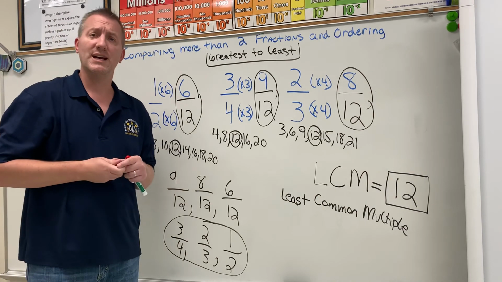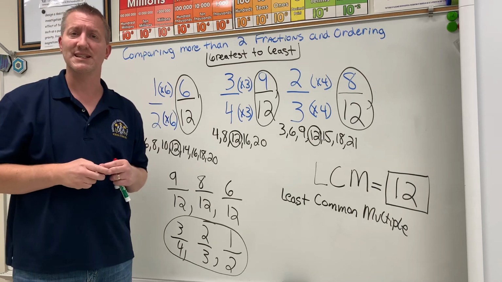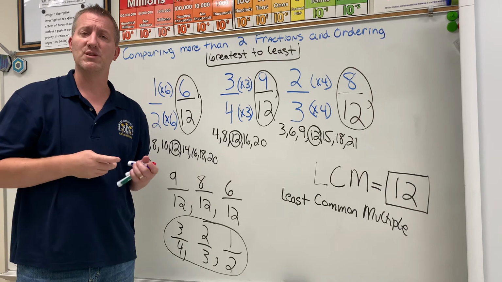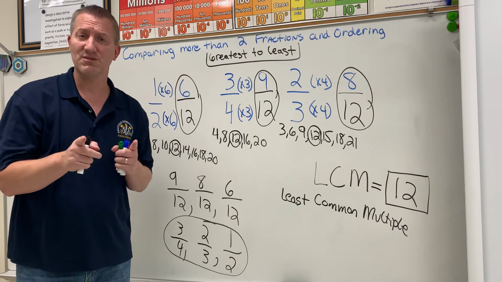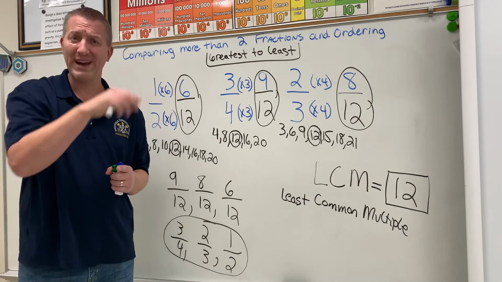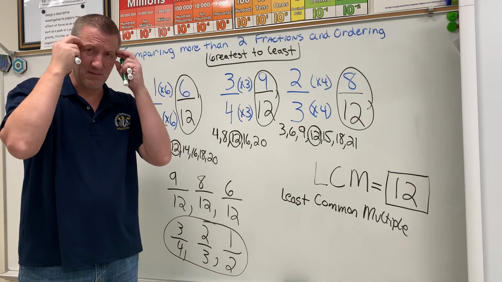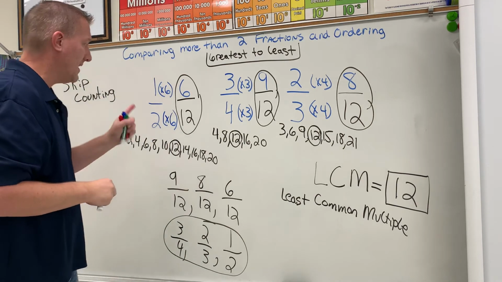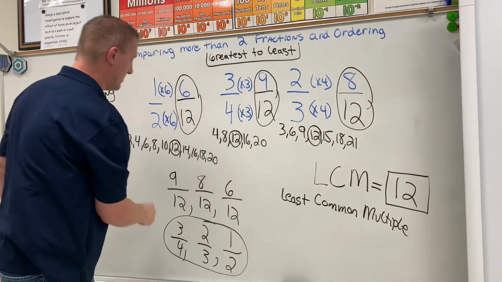Okay, I suggest that you go back and watch this video a second time so you totally understand it and you totally get all the steps. And I would suggest writing it down for yourself so it kind of cements those steps into your mind, okay? Again, first thing you do is you have to find the least common multiple.